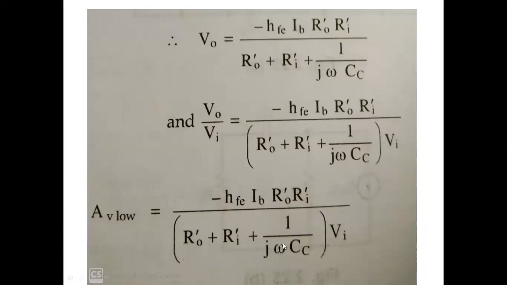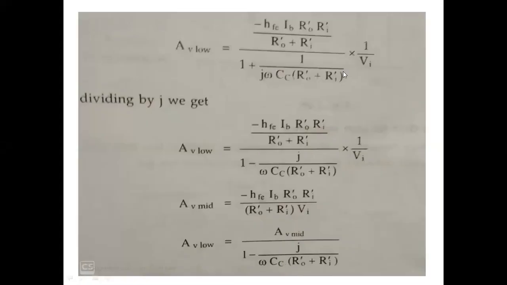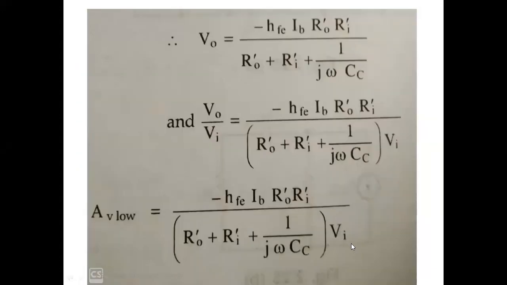So 1 plus 1 by j omega Cc by R0 dash plus RA dash. That term becomes 1 by j omega Cc into R0 dash plus RA dash. So finally, at the denominator, we have 1 plus 1 by j omega Cc into R0 dash plus RA dash. This is the denominator term and this is the numerator term, into the remaining term 1 by Vi.